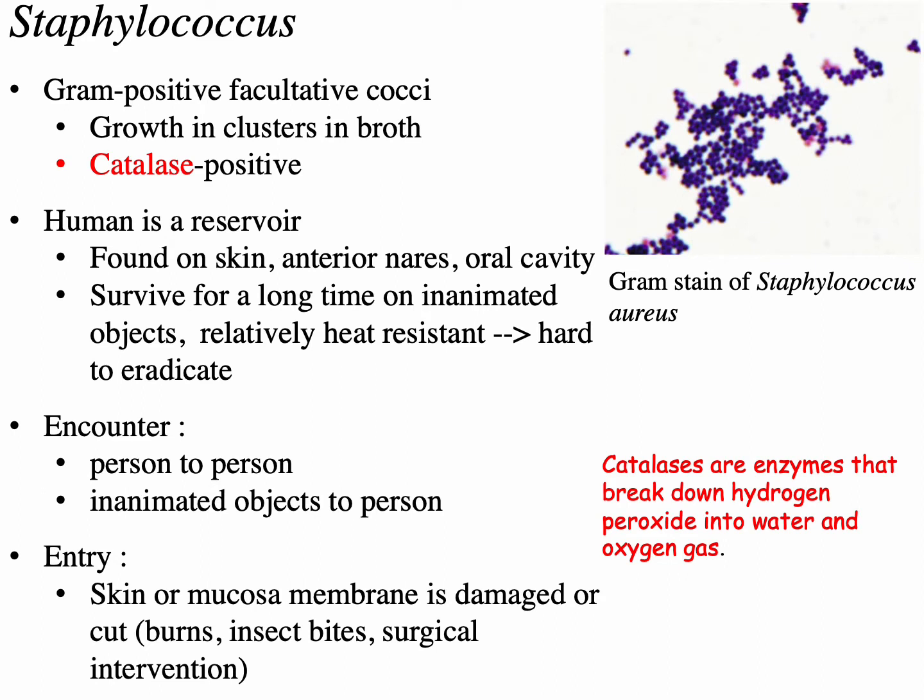So Staphylococcus has some characteristics when you grow them. When you look at them under the microscope, they cluster. Cluster means group together. Broth means liquid culture. In the picture on the right, you can see a Gram stain of Staphylococcus aureus.